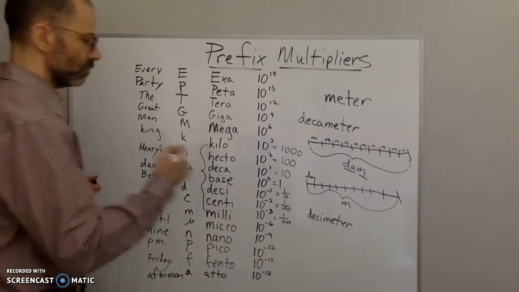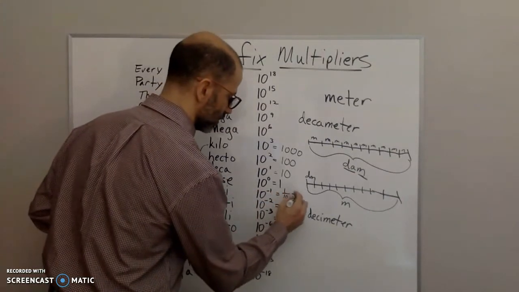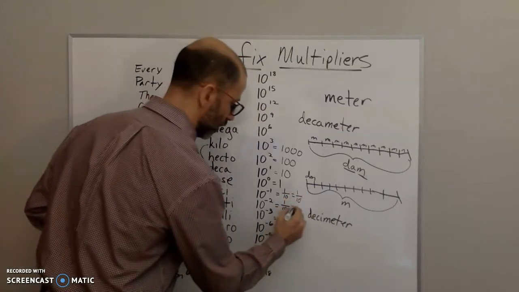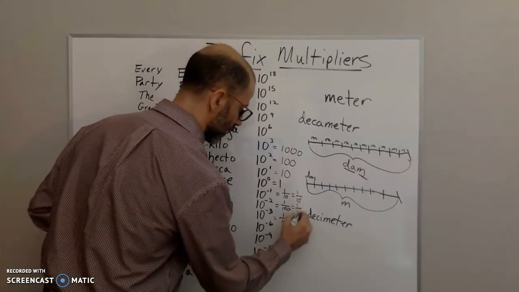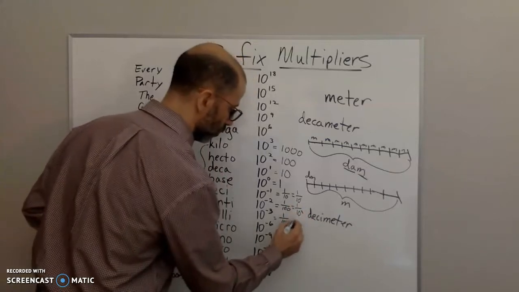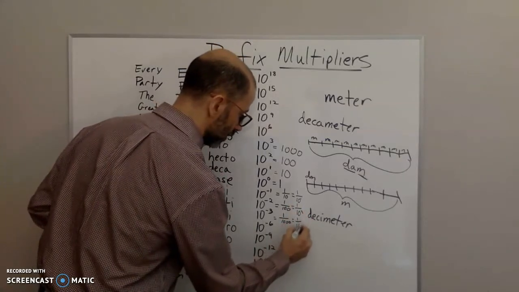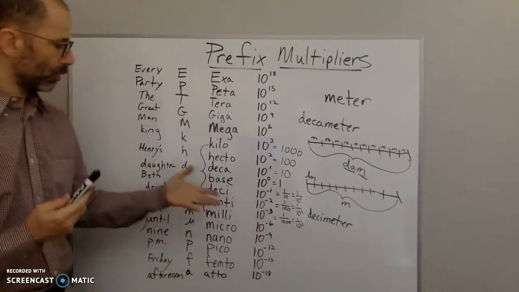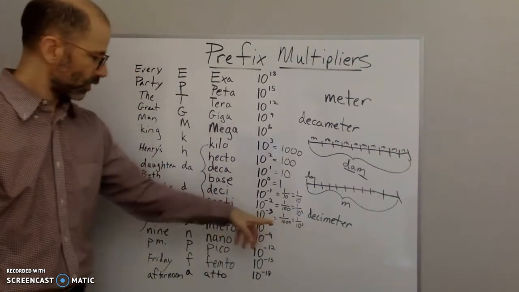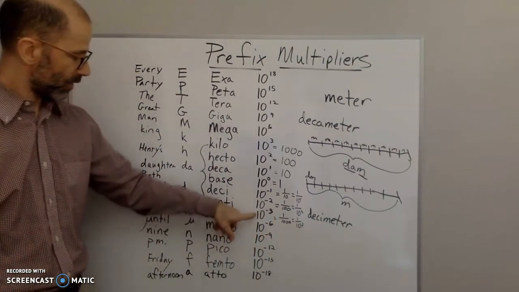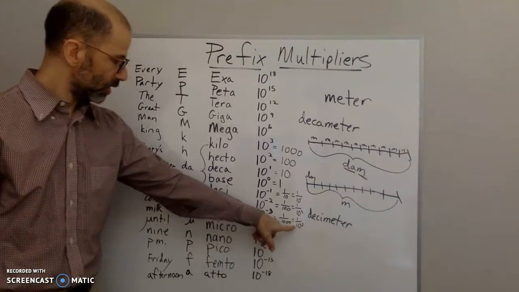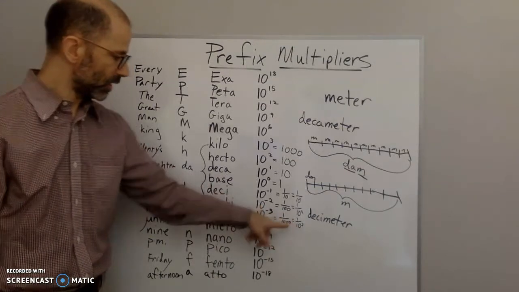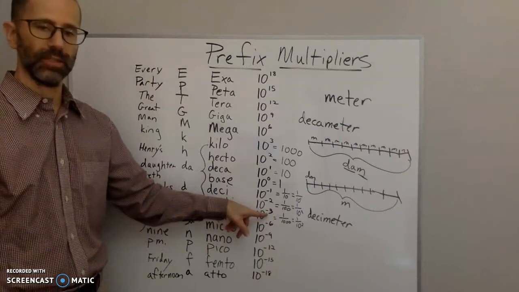This is the same as 1 over 10 to the 1, 1 over 10 to the 2, 1 over 10 to the 3. If you remember from math a while ago, if you take this and put it under 1, then you change the sign of the exponent. So 1 over 10 to the 3 is the same as 10 to the negative 3.